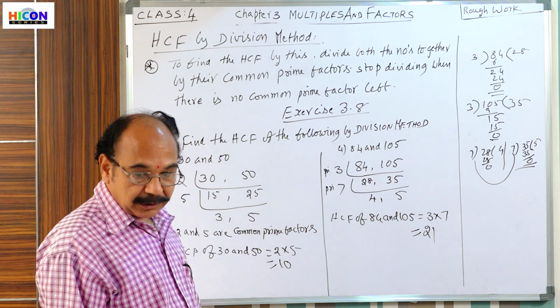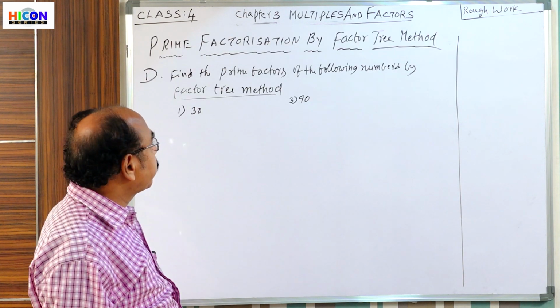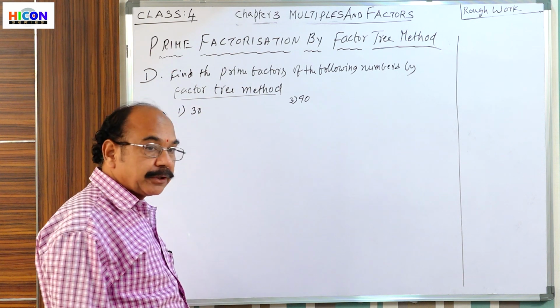Okay children, understood? Go to the next one. Now find the prime factors of the following numbers by the factor tree method.